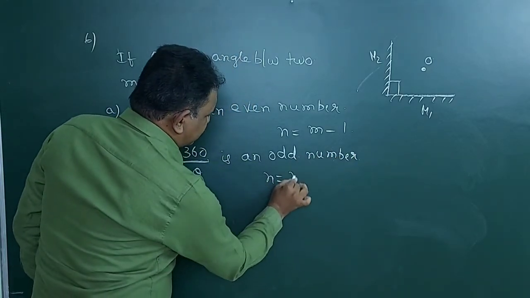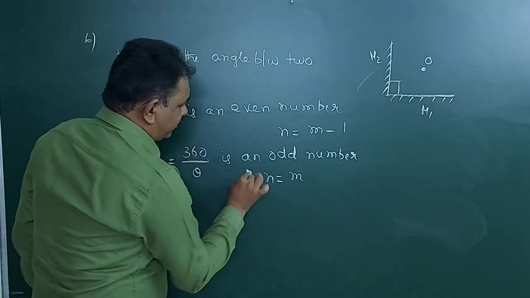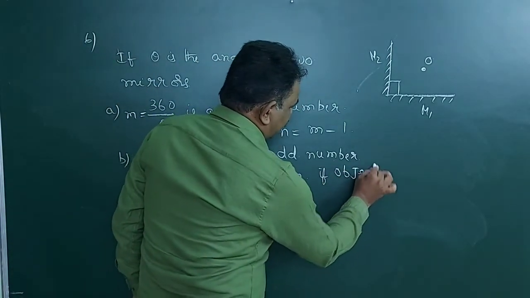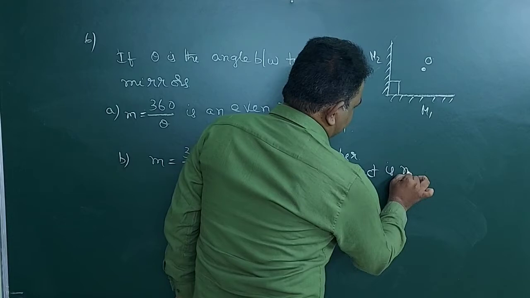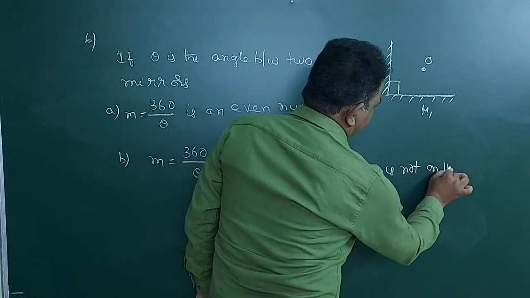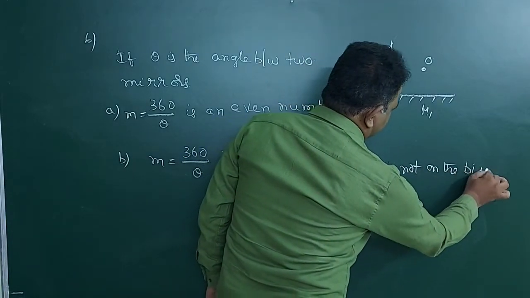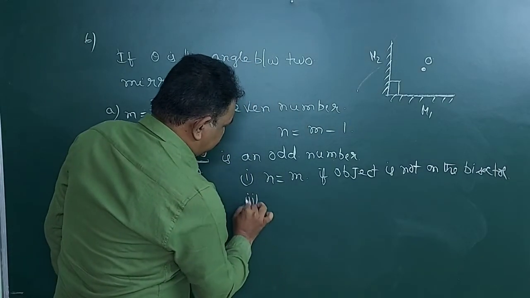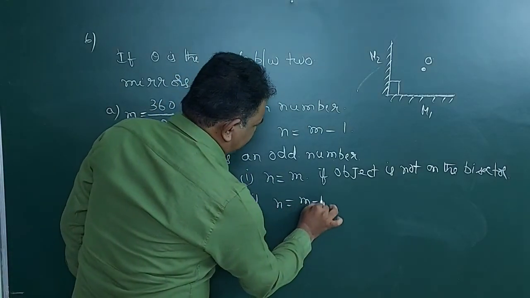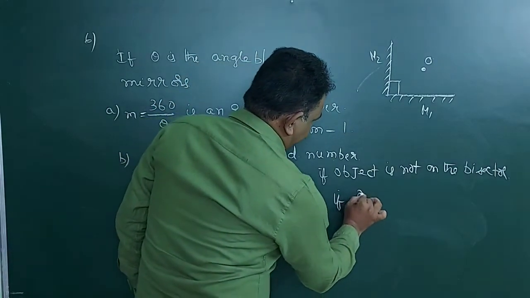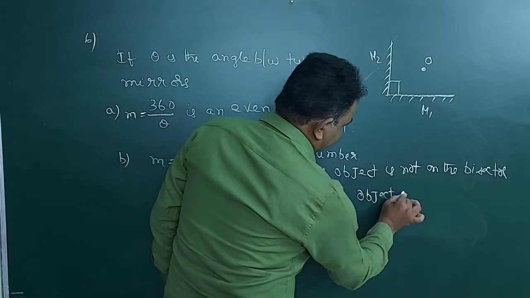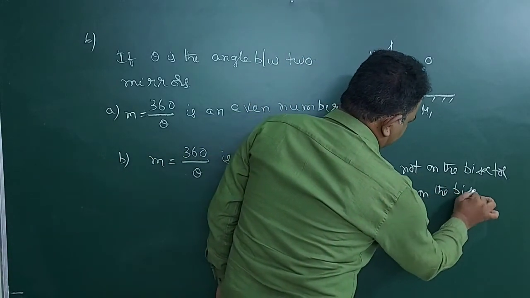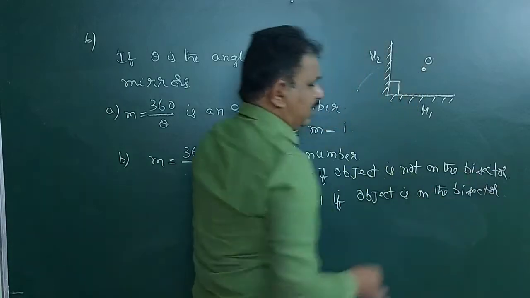Then n is equal to m if the object is not on the bisector. N is equal to m minus 1 if the object is on the bisector. What is the meaning of this?